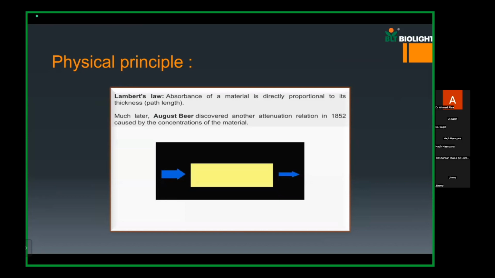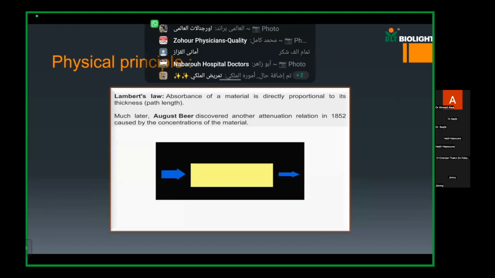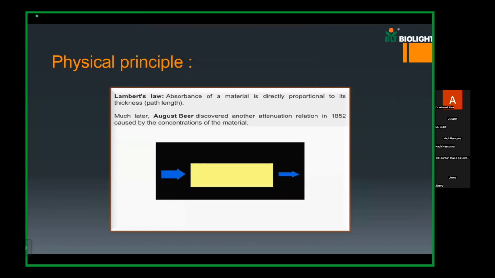Here we are talking about light waves from the emitter that travel through skin, scalp, and brain tissue, and back to the detectors or receivers to be calculated. In Beer's law, there is attenuation caused by the concentration of the material itself.